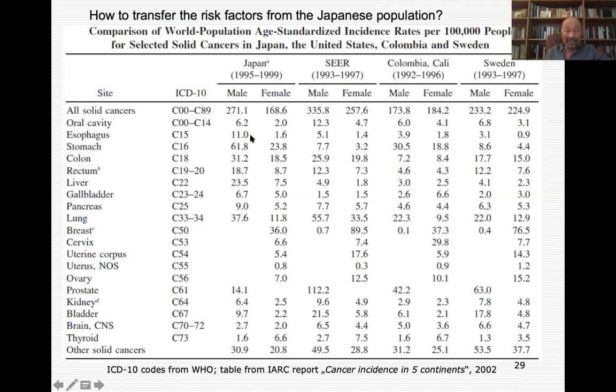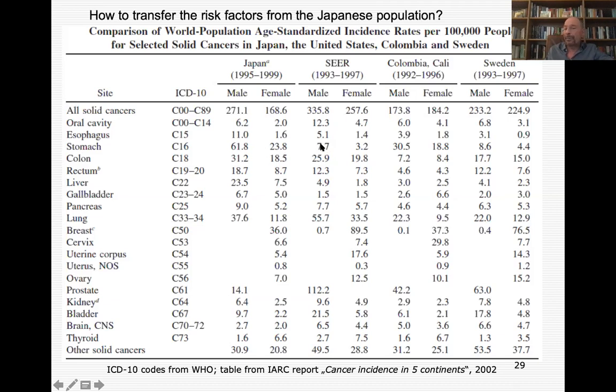And then in some cancers, you see the Japanese population, of course, is particularly important because all the data in Hiroshima and Nagasaki are for the Japanese population. But you see the stomach cancer, where you have seen a lot of statistics: the background of stomach cancer in Japan for males is 61, in the United States is 7.